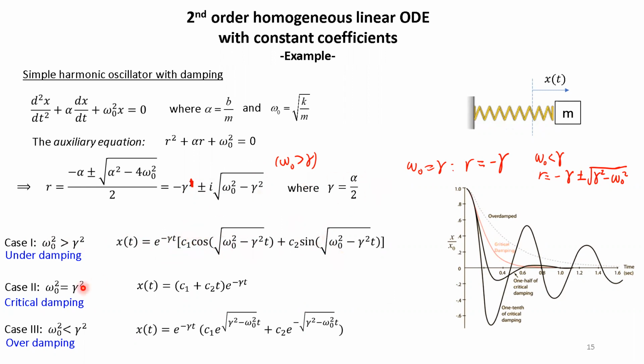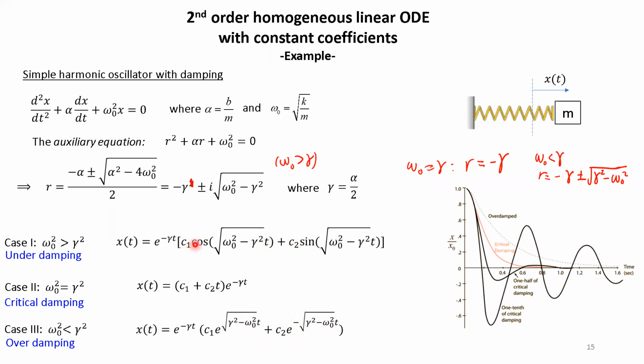For the second case, where omega naught square equals gamma square, you have the so-called double root or repeated root, and your solution looks like this. Finally, if omega naught square is smaller than gamma square, the whole thing is a real number, not a complex number, so your solution is just a pure exponential function without the sine and cosine.